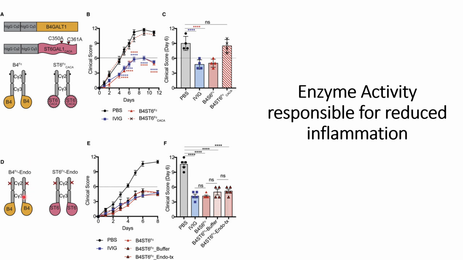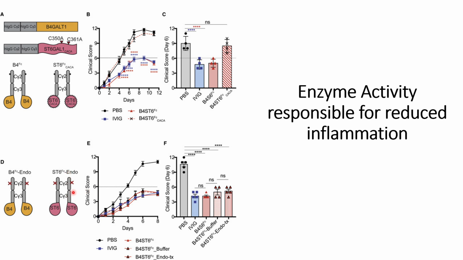But in this case they do not use the mutated enzyme, but they use the wild type, and they use the co-culture of B4 engineered IgG and ST6 engineered IgG together.